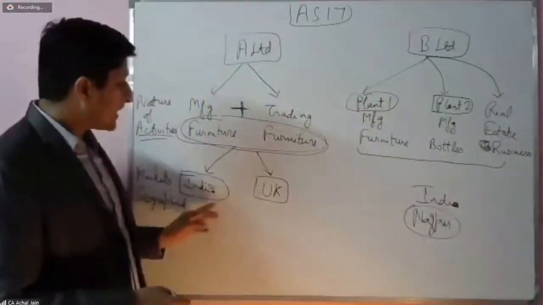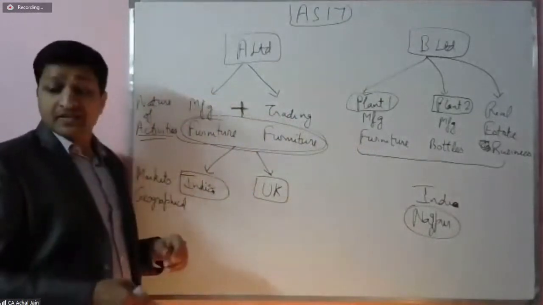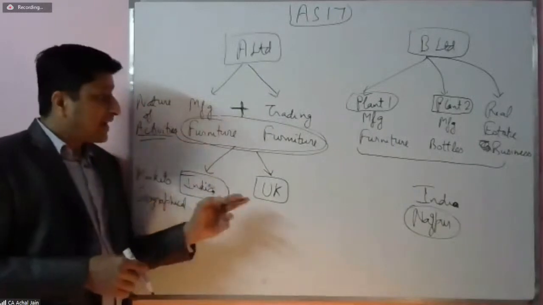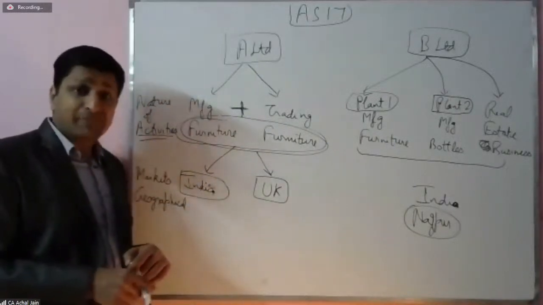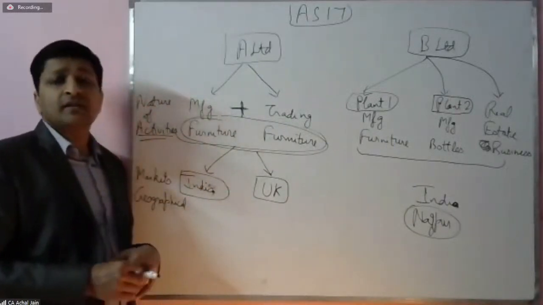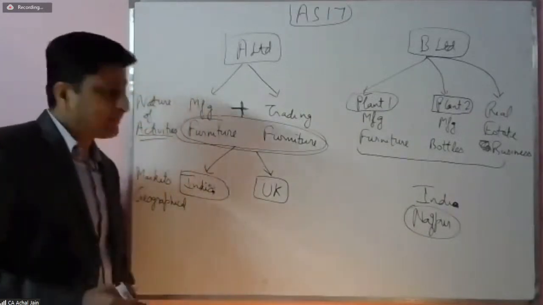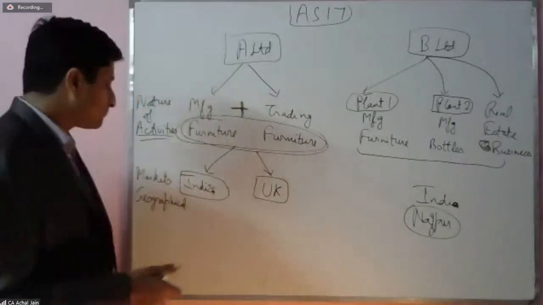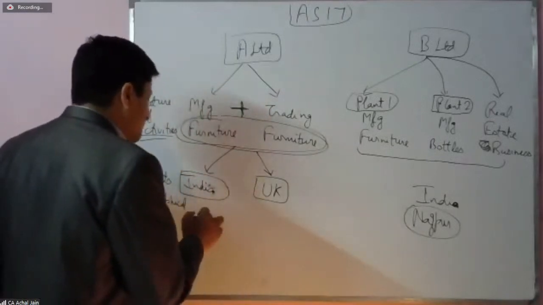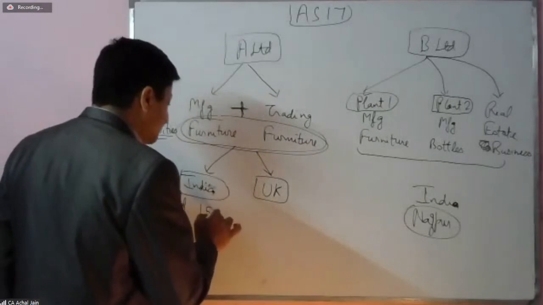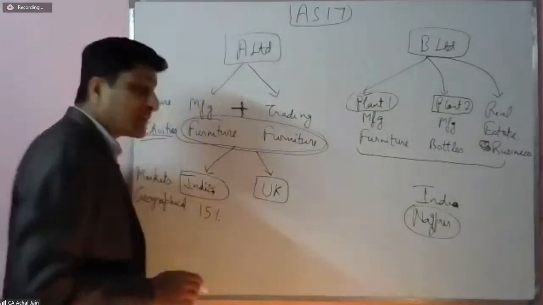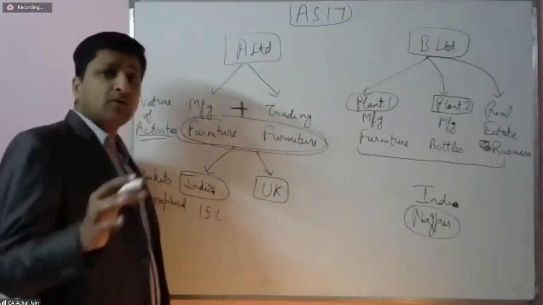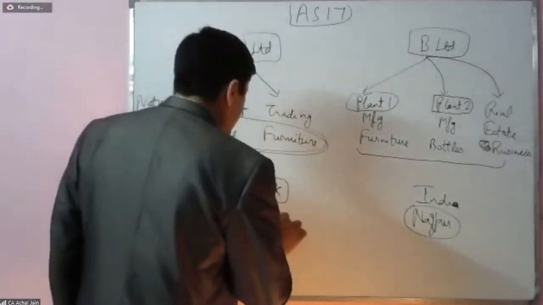But if you look at this company, it is dealing in 2 geographies, India and UK. Maybe the sales which it makes in India are giving good margins. Say, here the margins are good, 15%. But the sales which it is making in UK are not giving good margins. It's only 2%.